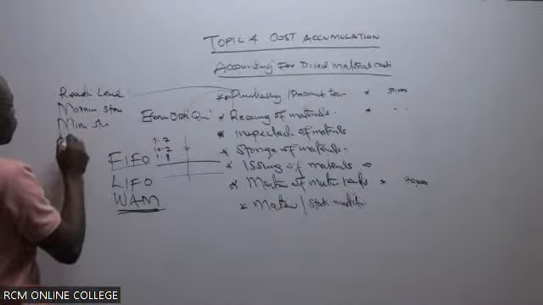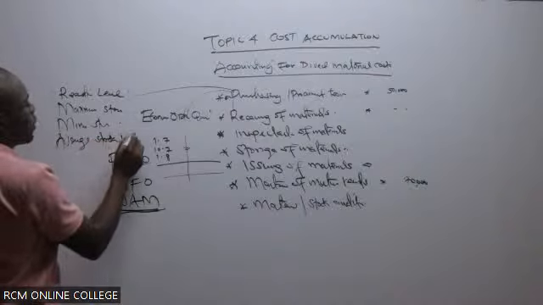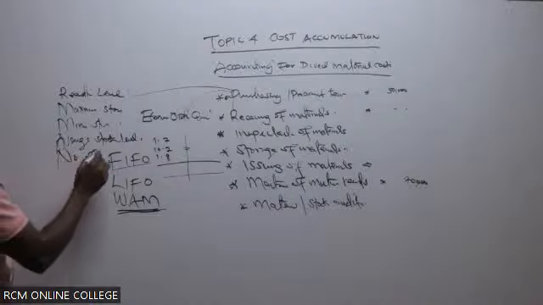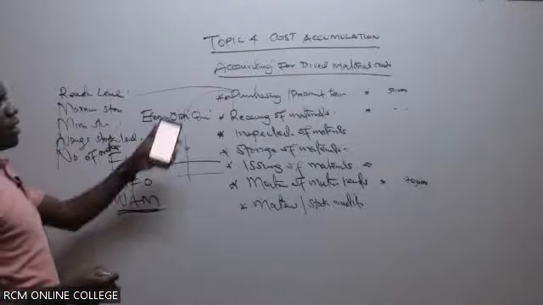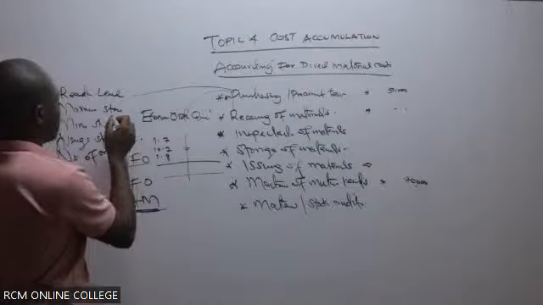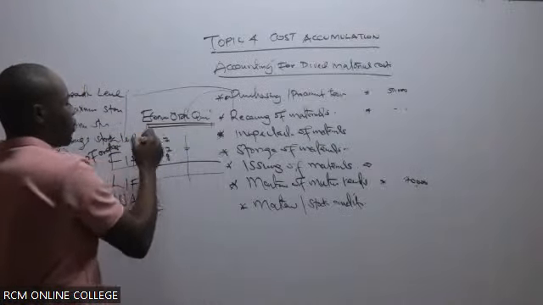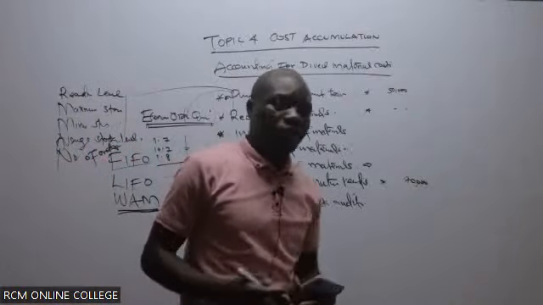We are going to look at what we call average stock level. Then we're also going to look at what we call number of orders. That is for a company that's going to maybe purchase raw materials. If you're going to call it, so this one here, the economic order quantity, you are ordering the raw materials. You are ordering the finished goods.